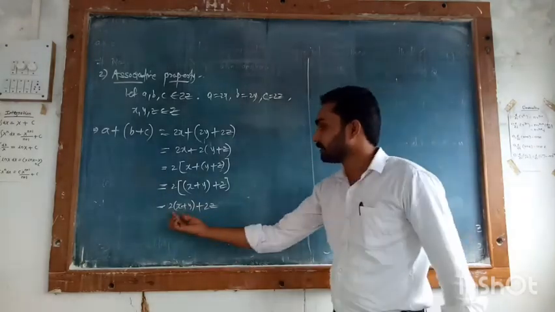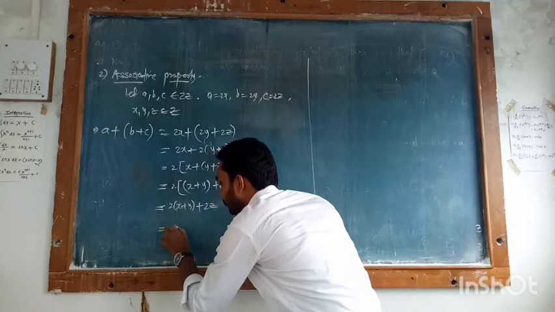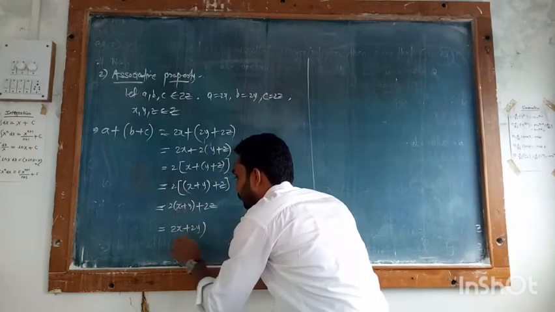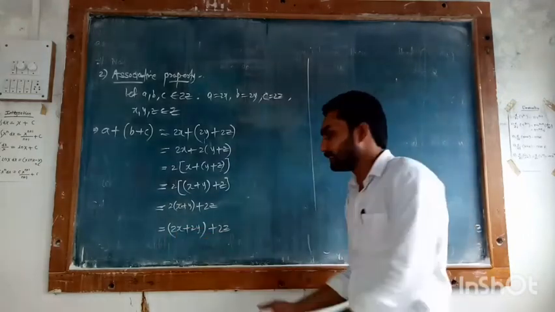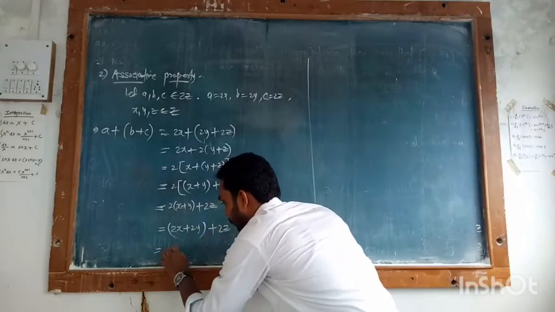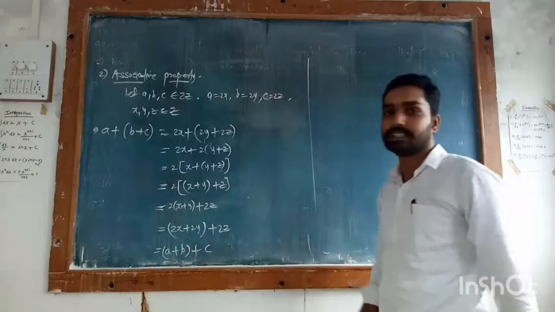Then we get (2x plus 2y) plus 2z. But the value of 2x is A, the value of 2y is B, so (A plus B) plus C.